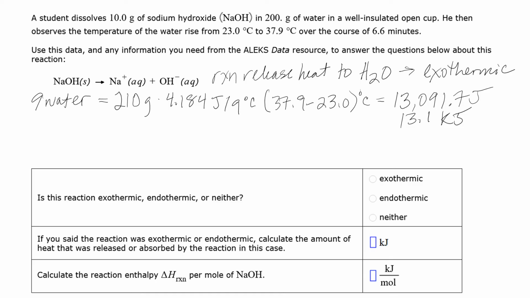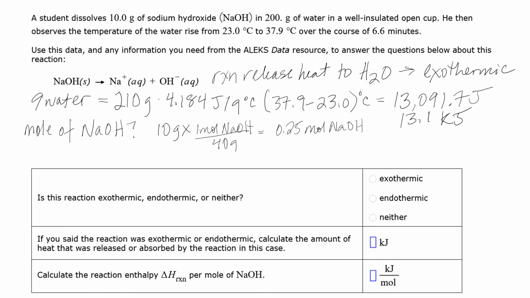Now, this is the amount of heat that is released based on reacting 10 grams of NaOH. However, in the third question, we're being asked, what is the reaction enthalpy per mole of NaOH? Well, 10 grams of NaOH is not a mole. In fact, if we do the math, we find out that it is 0.25 moles of NaOH, and that's where you have the situation where you generate 13.1 kilojoules of heat.